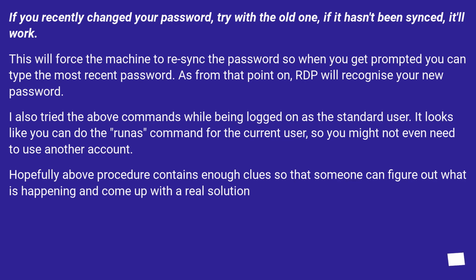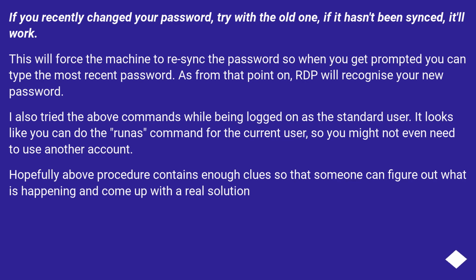If you recently changed your password, try with the old one. If it hasn't been synced, it'll work. This will force the machine to resync the password, so when you get prompted you can type the most recent password. From that point on, RDP will recognize your new password.